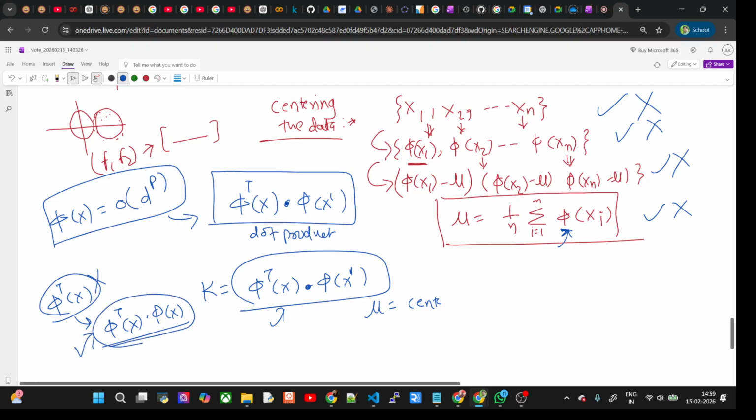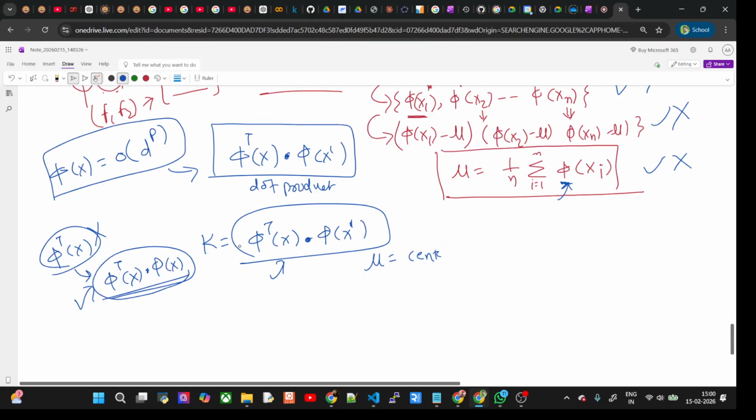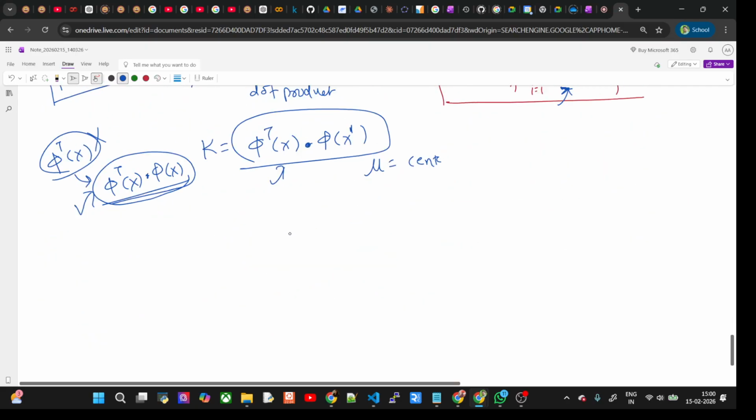So I am using this phi transpose x into phi transpose, and I am trying to convert the parameters in such a way that they look like this kind of parameters, and that will be easy for me to center the data.